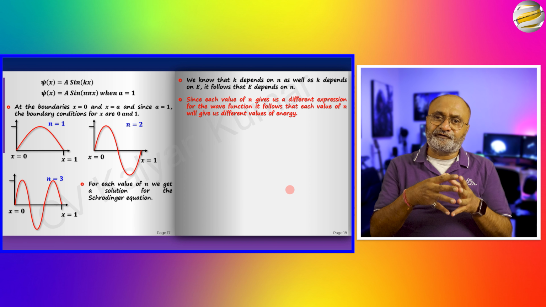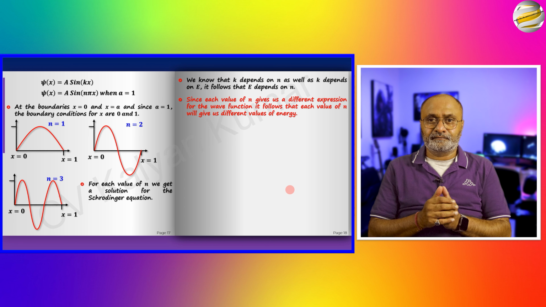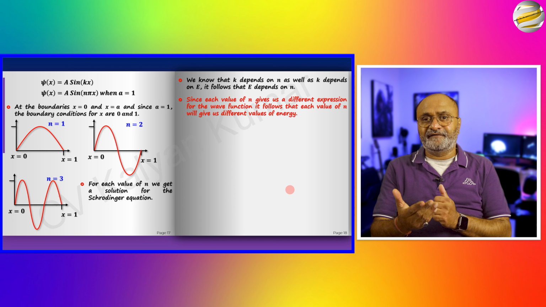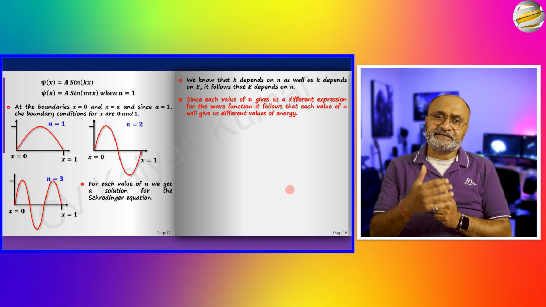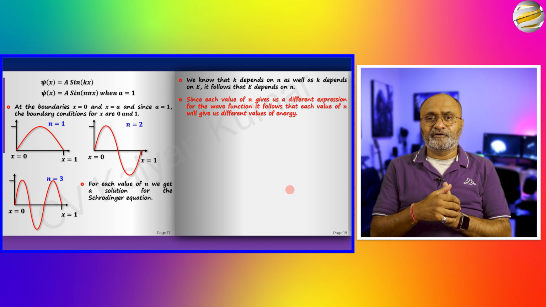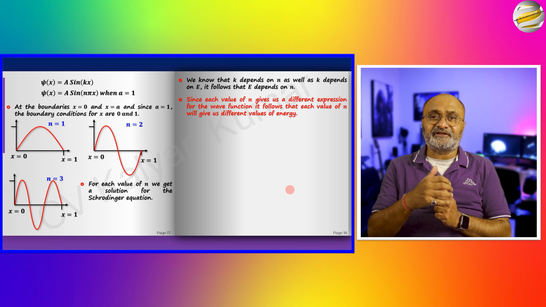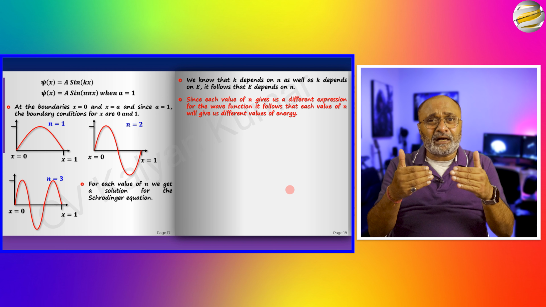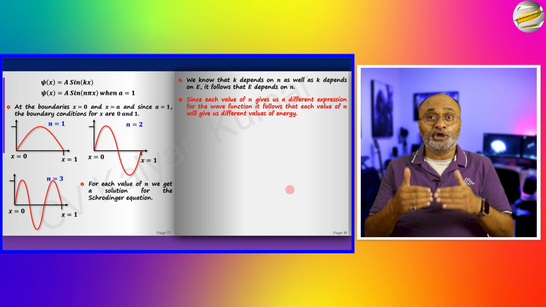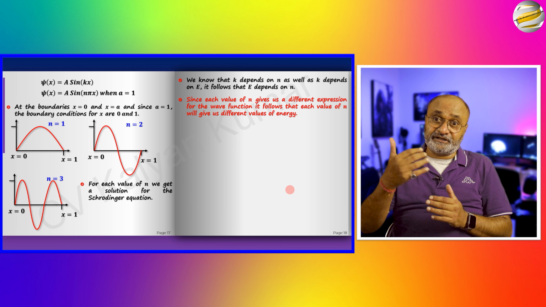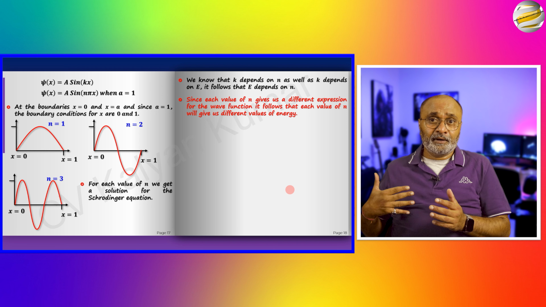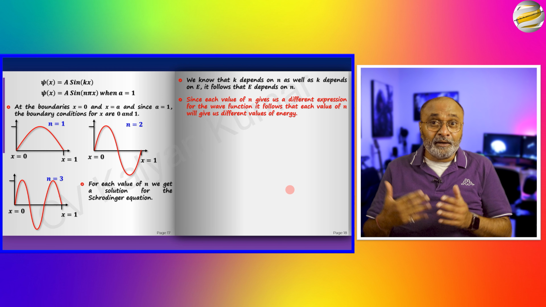So for each value of n, we got a function. When n was 1, it was sine pi x. When n was 2, it was sine 2 pi x. If n was 3, it was sine 3 pi x. Can you see these are wave functions, unique wave functions. They are also infinite in number, but they are following boundary conditions.